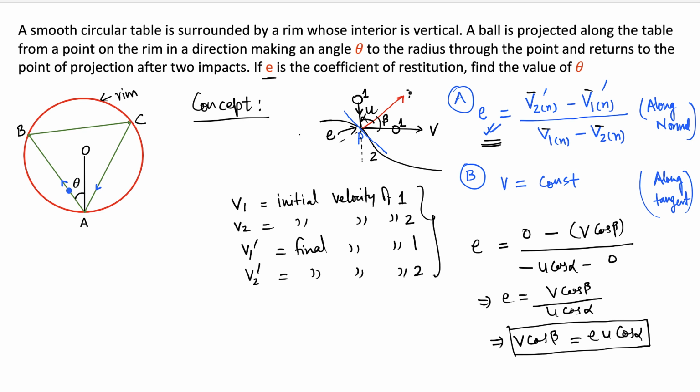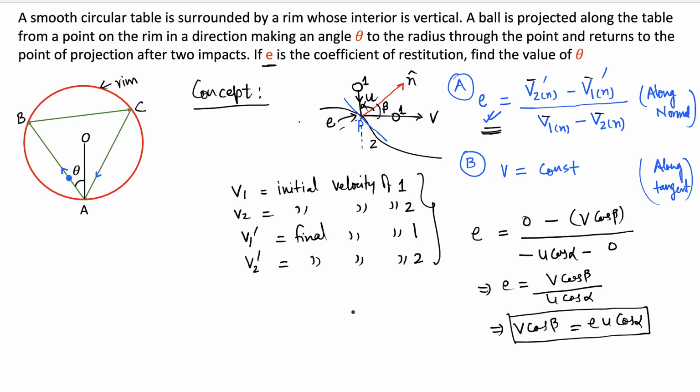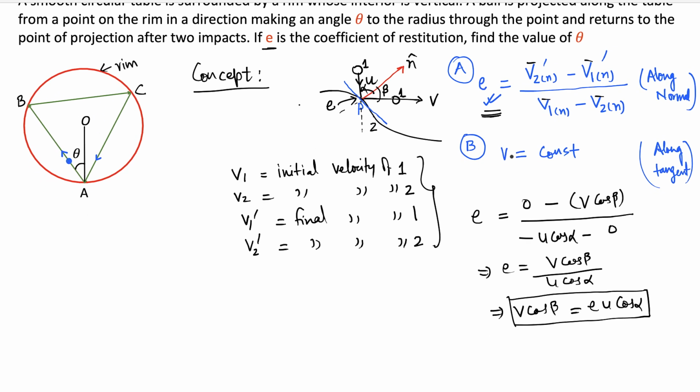You need to pick the normal, which is perpendicular to the tangent. And the second one is simply that along the tangent the velocity is constant, which means that initially it is u sin alpha, and finally it is v sin beta. So this will also be constant.